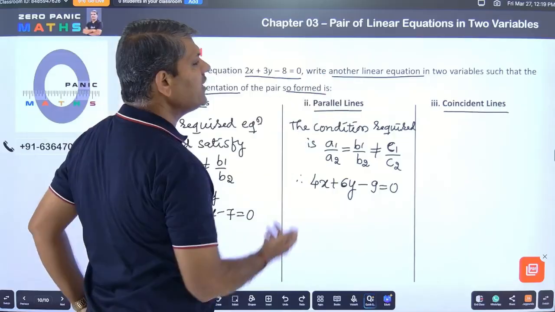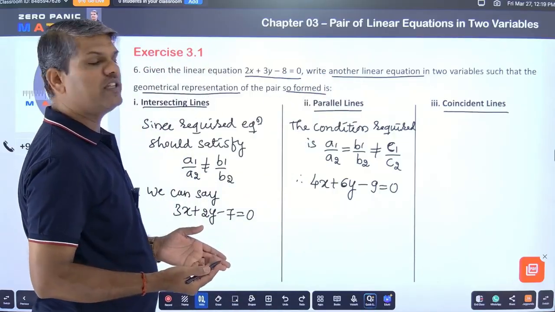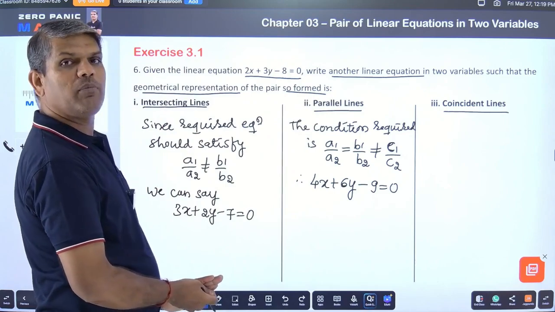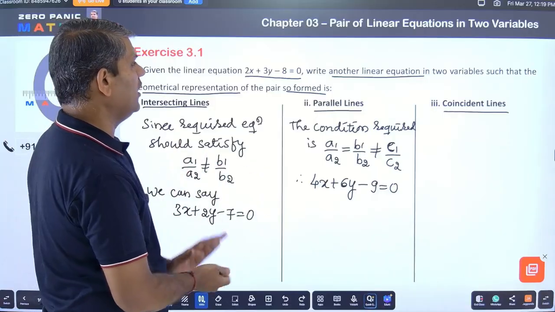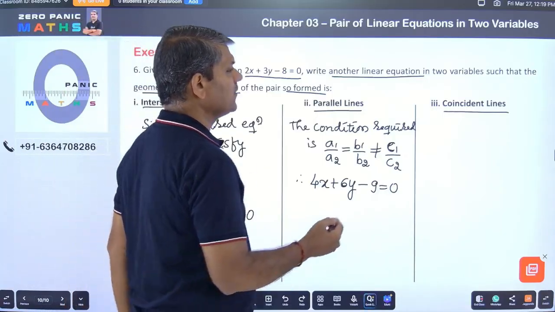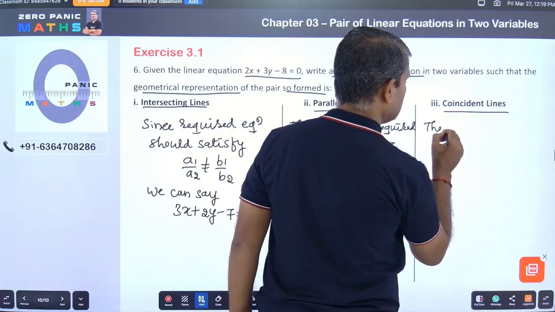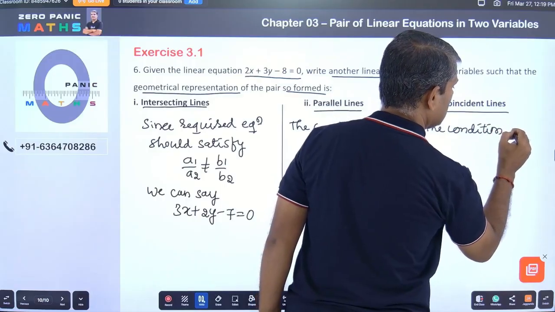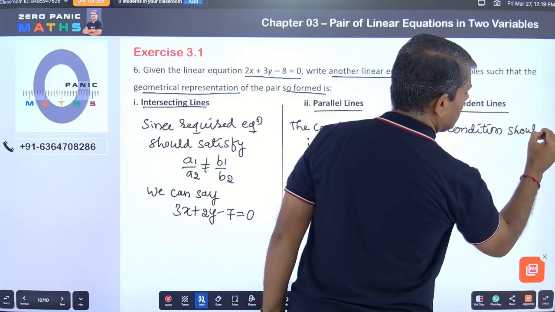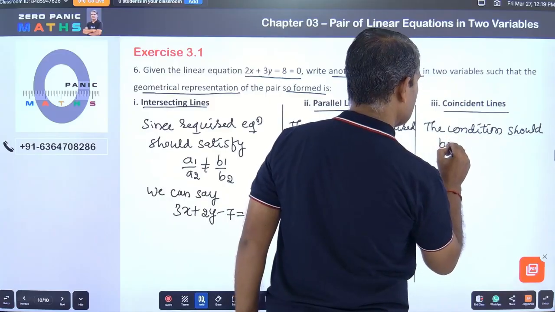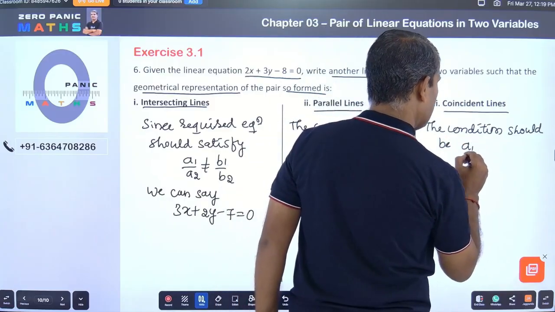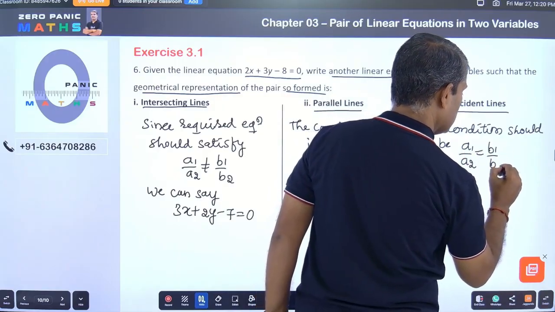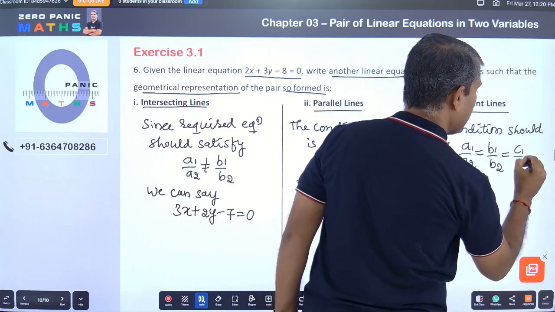Okay, now coincident lines. What is the condition? For coincident lines, all the ratios a1 by a2, b1 by b2 and c1 by c2 are all equal. Okay, so how do I do that? The condition should be a1 by a2 is equal to b1 by b2 is equal to c1 by c2.